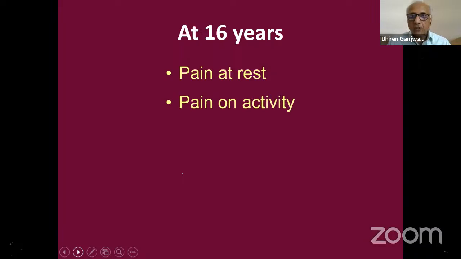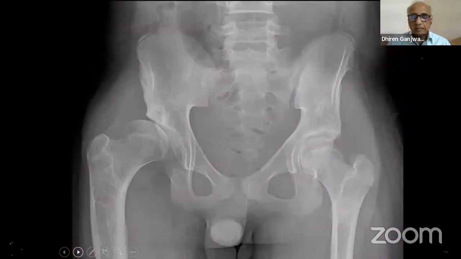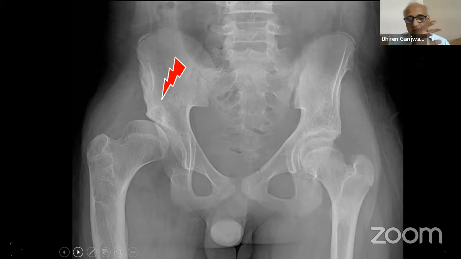There was pain on activity. And this was the X-ray. And if you carefully see, there are already cystic changes in the acetabulum, which suggests that the osteoarthritic process has started. At 16, this has become painful.